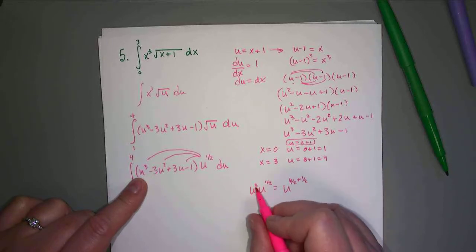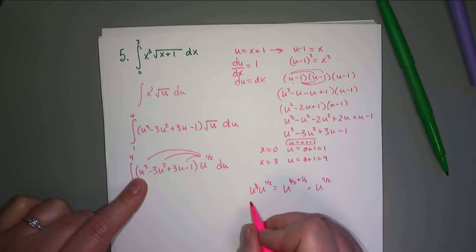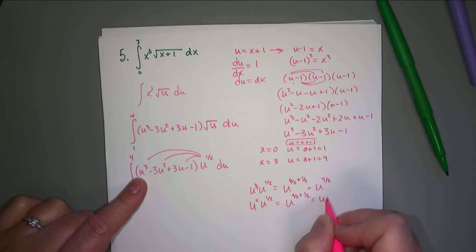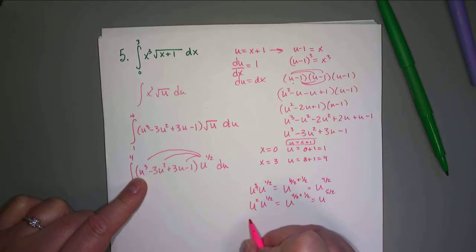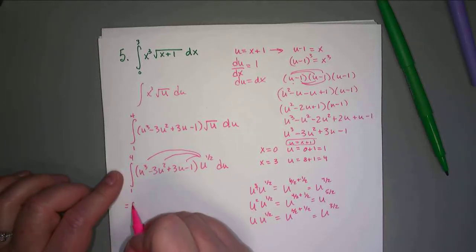I made that as a fraction over 2. So that will be 7 over 2. The next one, we'll have u squared times u to the half. 4 over 2 plus 1 half is 5 over 2. And then we'll have a u times u to the half. That's 2 over 2 plus 1 over 2. And that should be good.